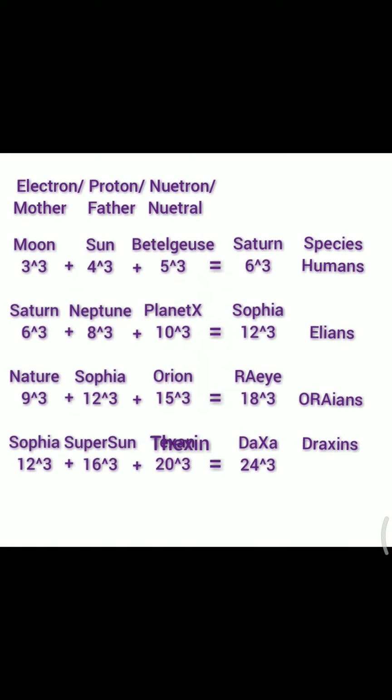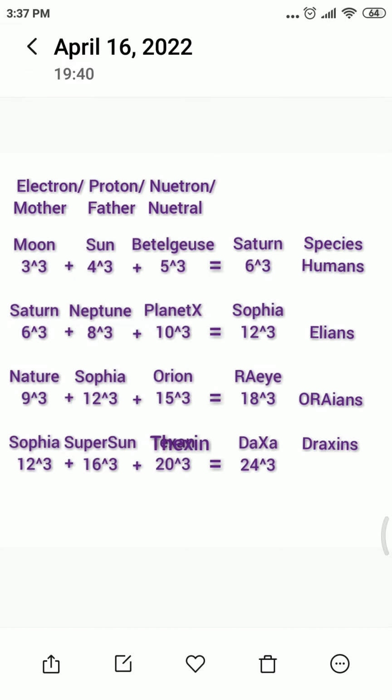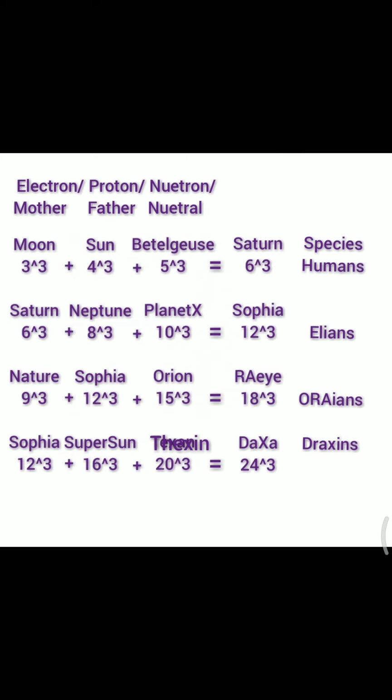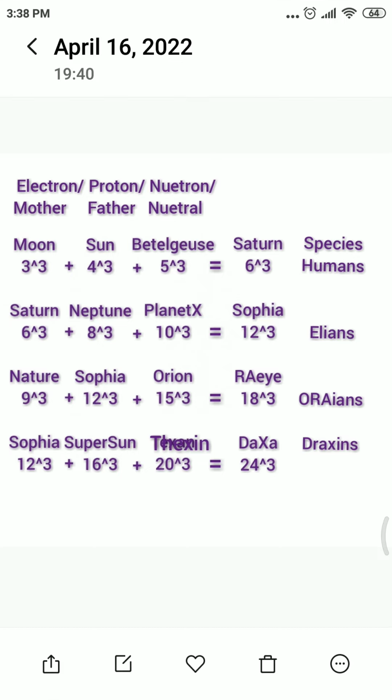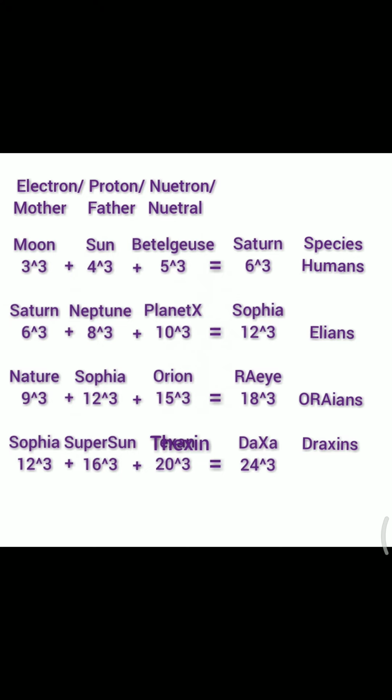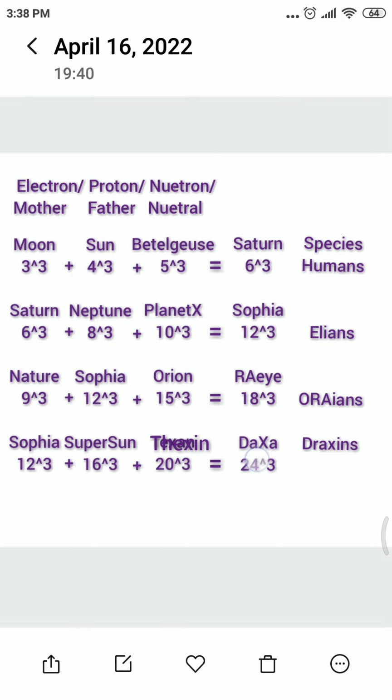This is the letter T, so I call them Daxans, and the 24th letter is X, so I call it Daksha. Daksha, as we know in Hindu mythology, is the Manasaputra of Brahma, and he is one of the Prajapatis, Daksha Prajapati. So this is 24 cube.